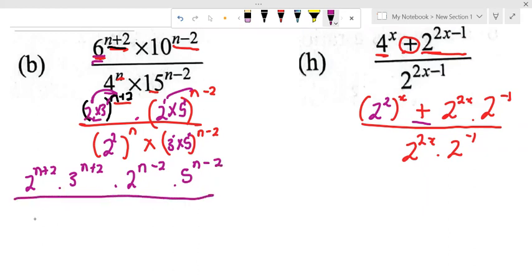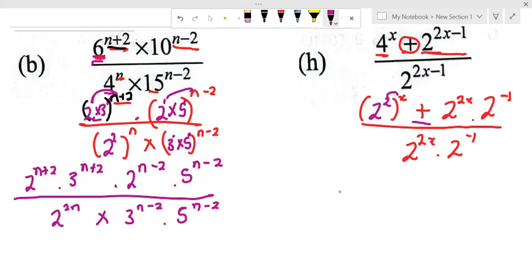If we go to the denominator, it says this is going to be written as 2 to the power of 2n multiplied by 3 to the power of n minus 2 multiplied by 5 to the power of n minus 2. Now we only have one thing here.